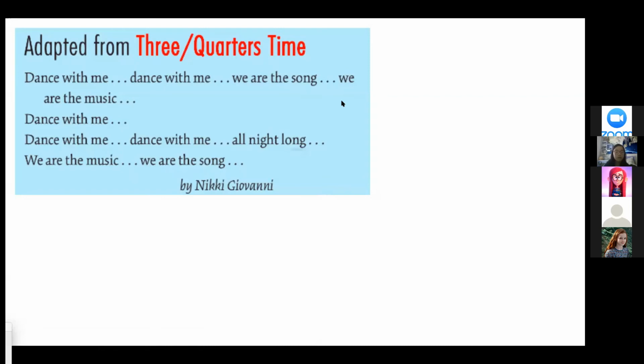Lily, where is the music? I think in here the music is the beat in the poem.